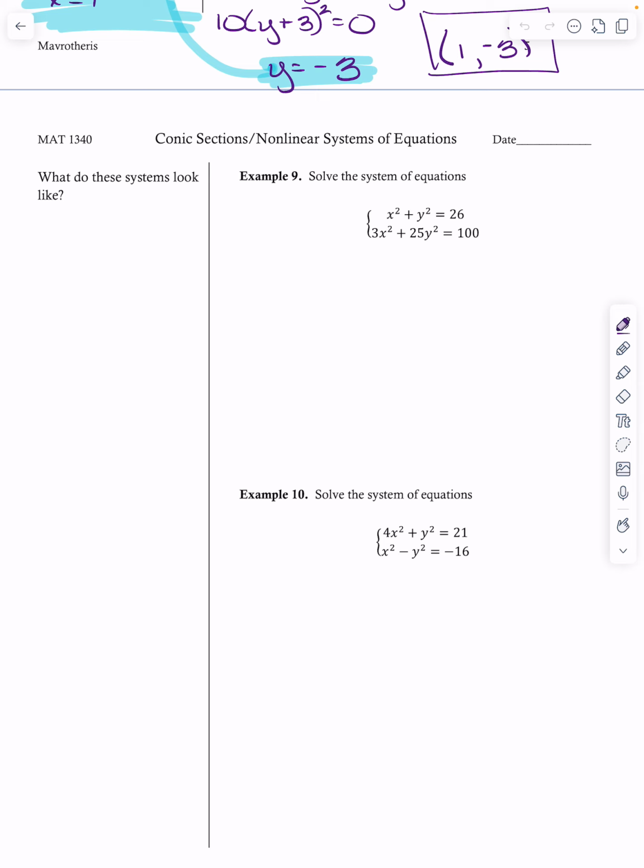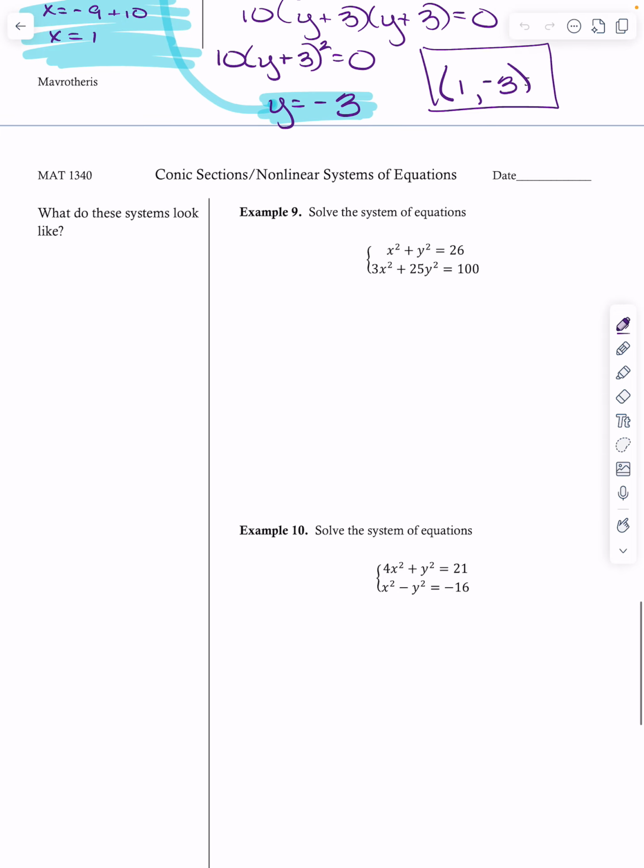Okay. Let's look at the easiest way maybe to do this, because we look at that, we see x squared and y squared, and we want to maybe multiply the top equation by -3 and then add.